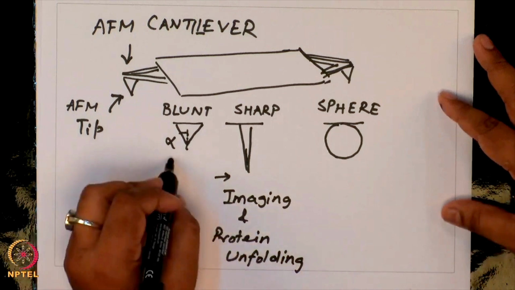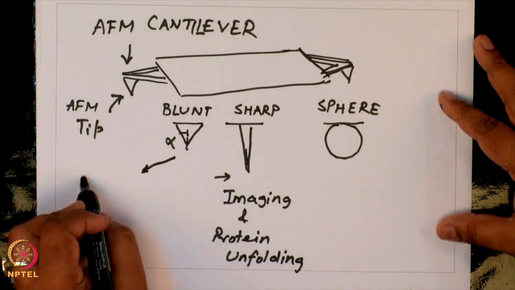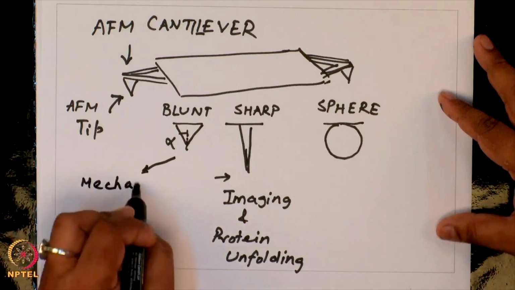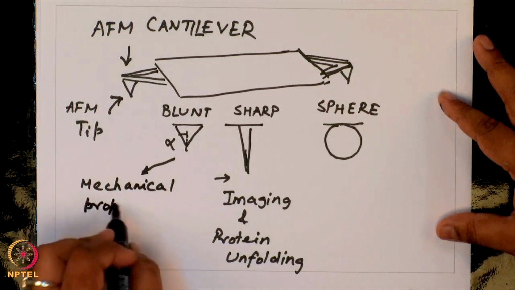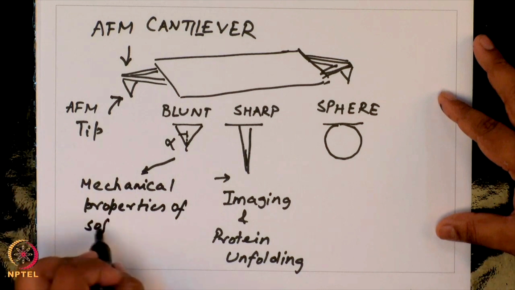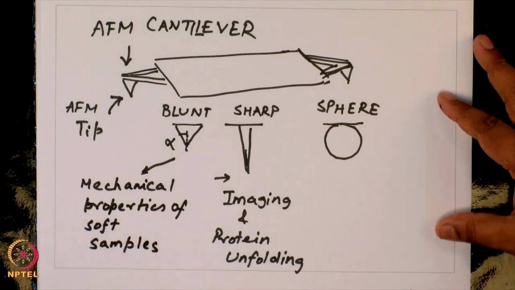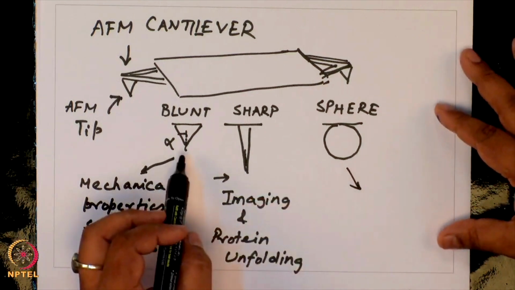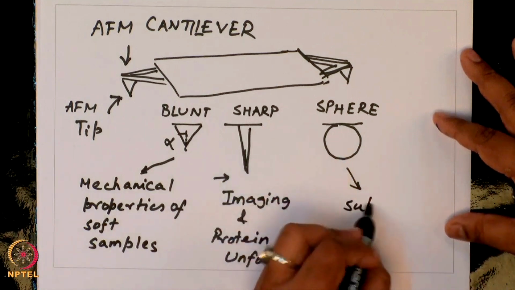This blunt tip is used exhaustively for probing mechanical properties of cells and tissues, soft samples. While this sphere, in comparison to the blunt tip, is preferred for super soft samples.